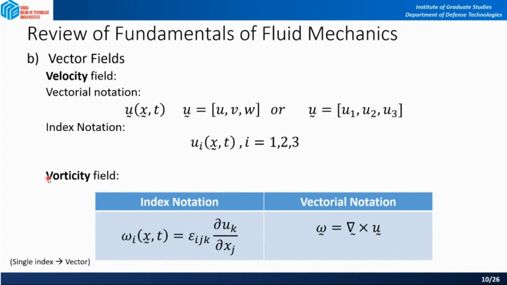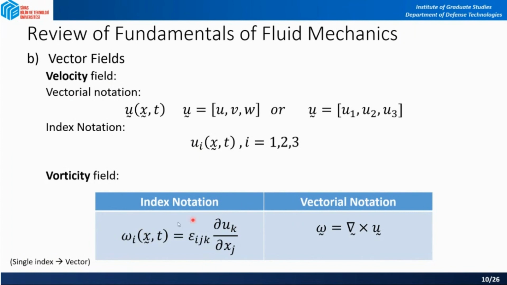Another example, in addition to velocity, could be the vorticity field. The vorticity, which is omega, in order to describe it mathematically at a certain point in space, you need three values. So it is a vector. We know that the vorticity is related to the gradient of the velocity vector.